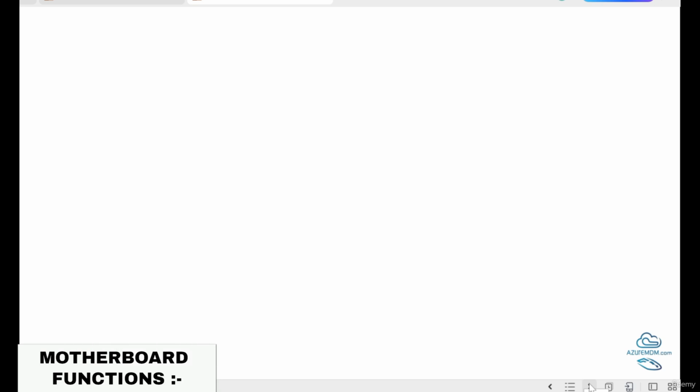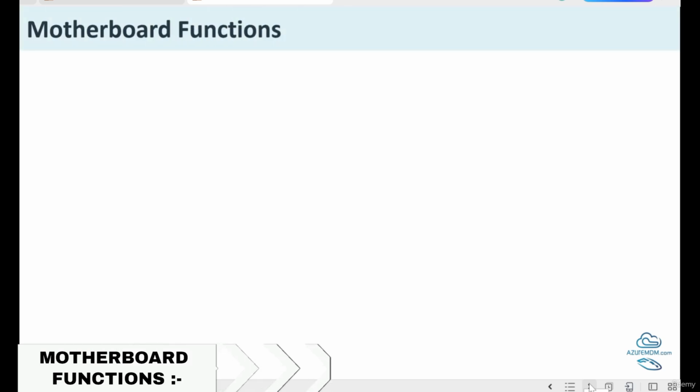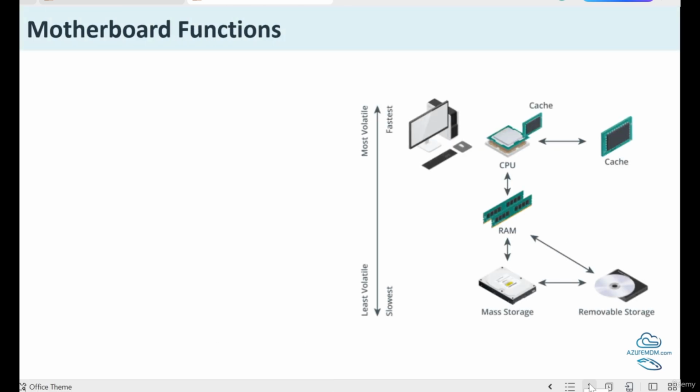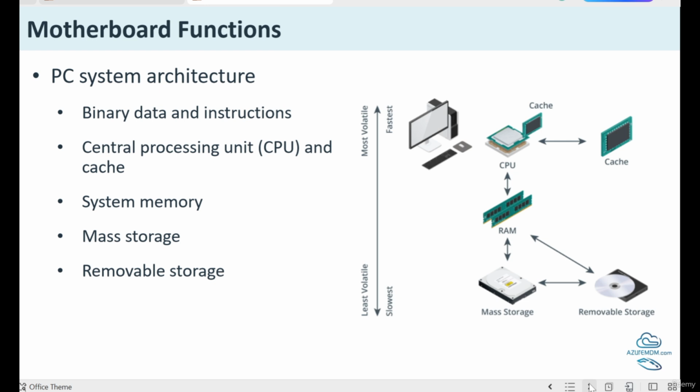Let's start with motherboard functions. Number 1, PC system architecture. The structure of a computer including the CPU, memory, storage, and I/O devices connected via buses.